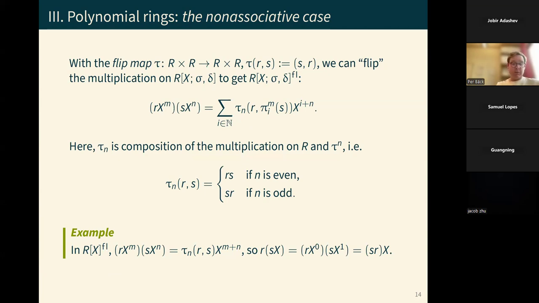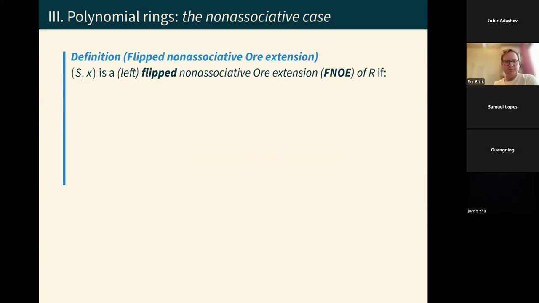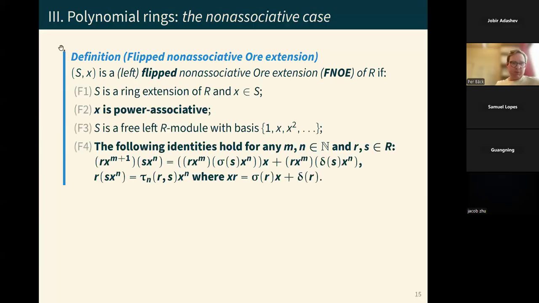And if you also have a sigma and delta, it gets even worse. But let me now explain why I'm doing this. You can also define this in a slightly more abstract way. So here's the abstract definition of these flipped non-associative Ore extensions. What's changed now is the second non-associativity condition. Now instead you only require that x is power associative.